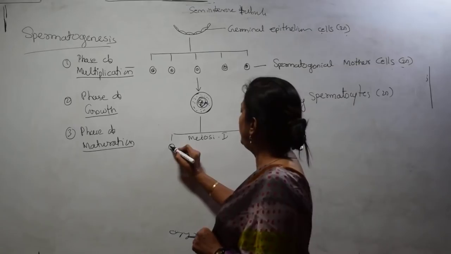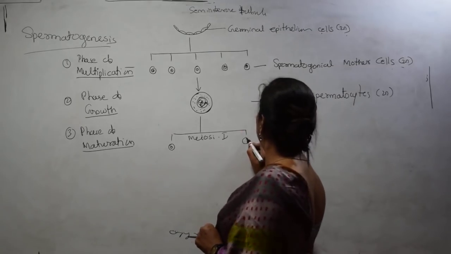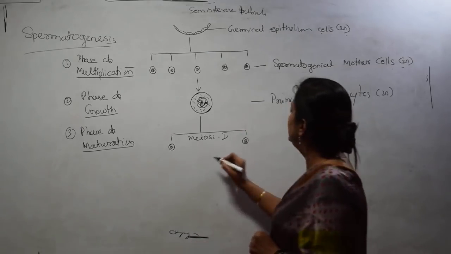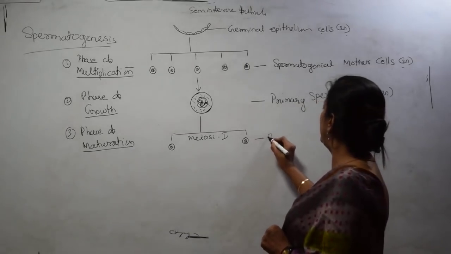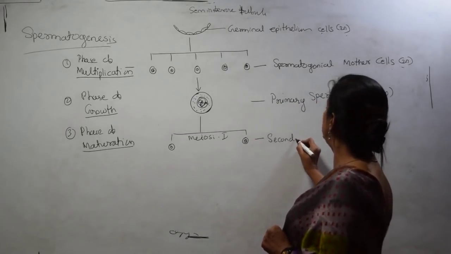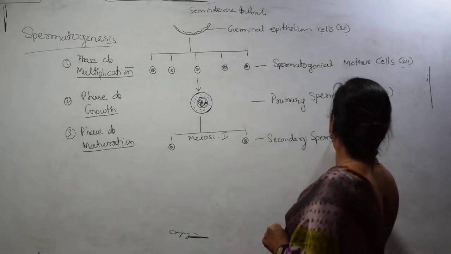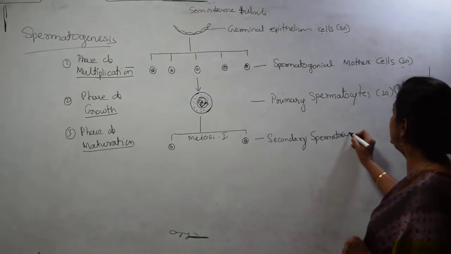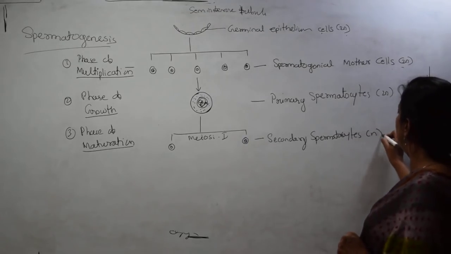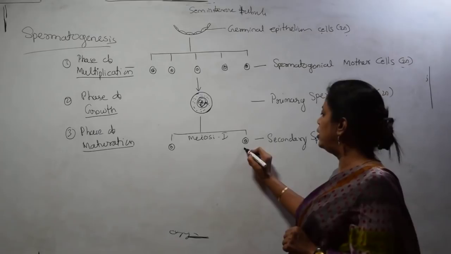It forms 2 haploid cells. These are haploid in nature, and they are called secondary spermatocytes, and the number is n. So here they are undergoing meiosis.